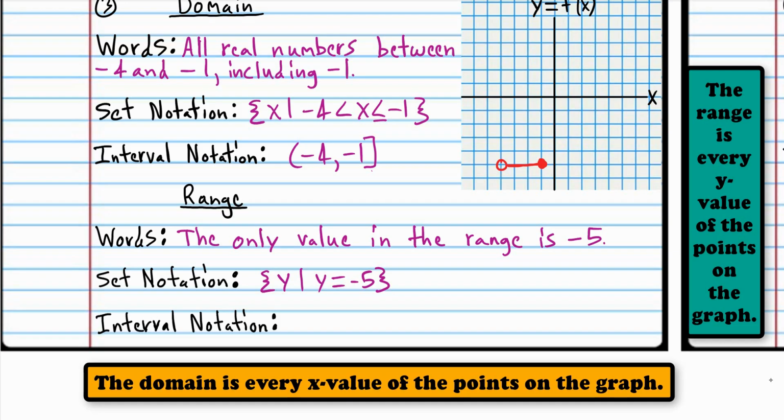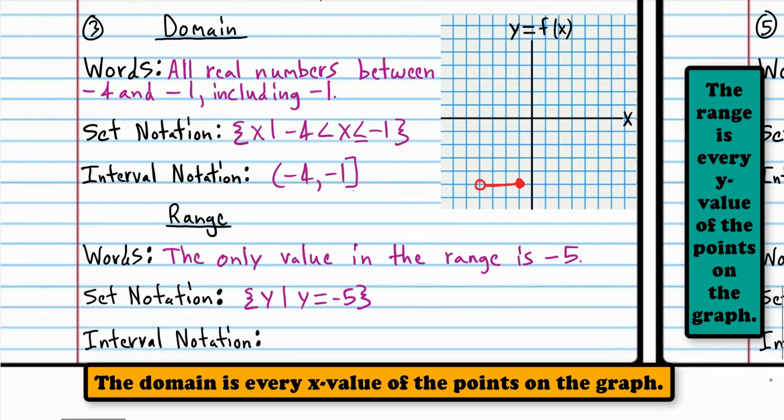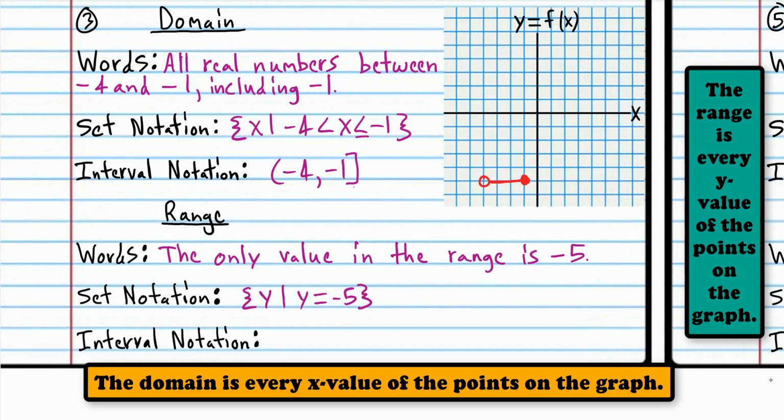Now, interval notation is not really appropriate when you only have one value in a set of numbers, because you can't really have an interval when there's only one number. But if you had to write interval notation, we'd write bracket, -5, comma, -5, bracket, meaning that there is really no interval. If you write a number line and -5 is the only number, then there's no interval.